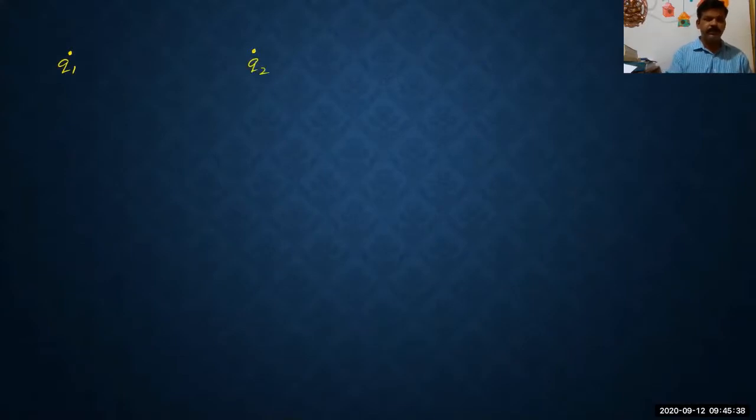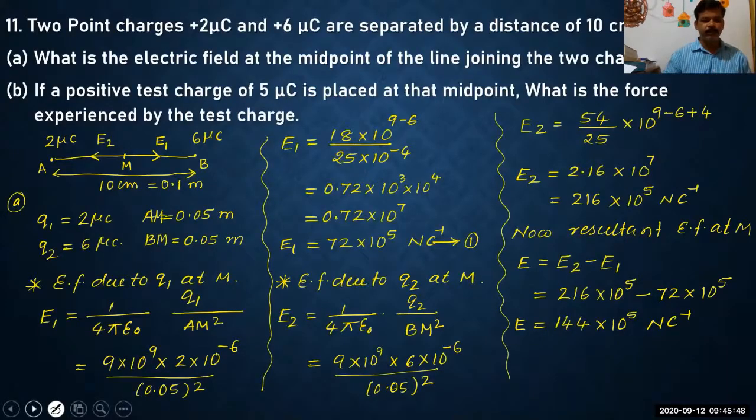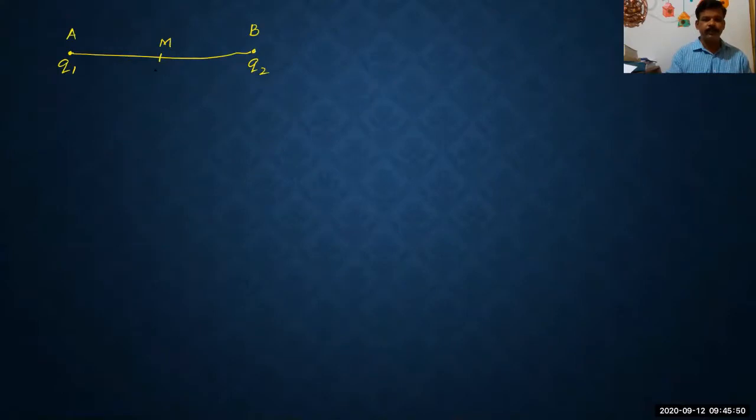See, this is A, this is B, and on the line joining the 2 points, at M, we have one more test charge. What is that charge? 5 microcoulomb. So this is say Q3, and Q3 is 5 microcoulomb. Hope you got this.